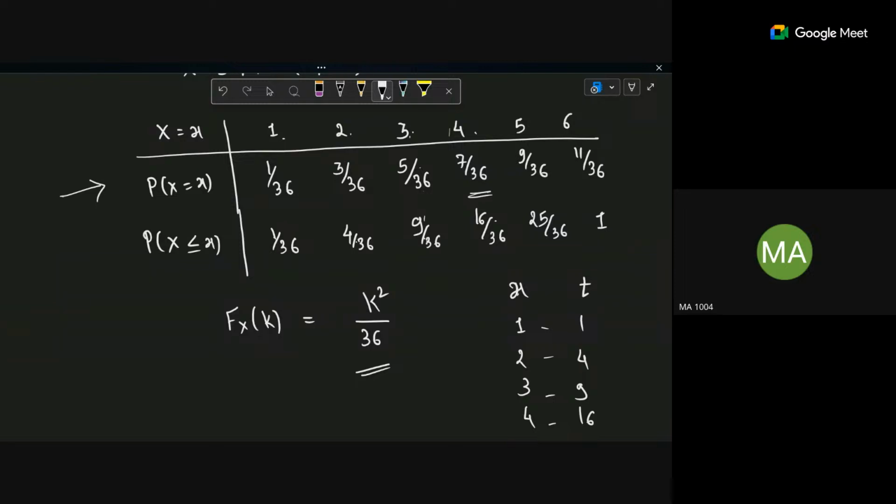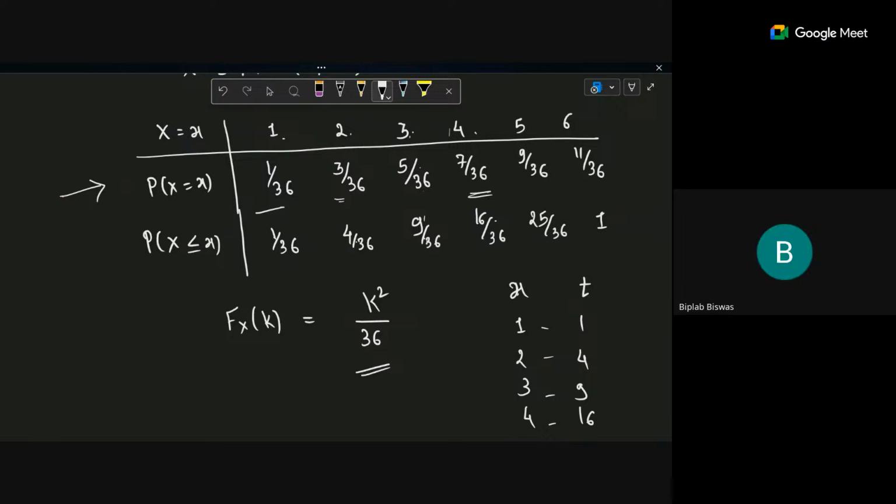So when you come to 3, what are the numbers your random variable has achieved? 1, 2, and 3, right? So you have to add the probability that x is taking value 1, probability that x is taking value 2, probability that x is taking value 3. These probabilities, not this one.